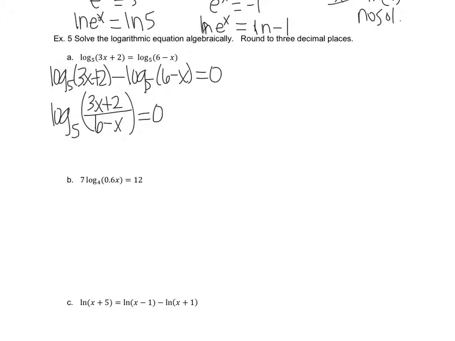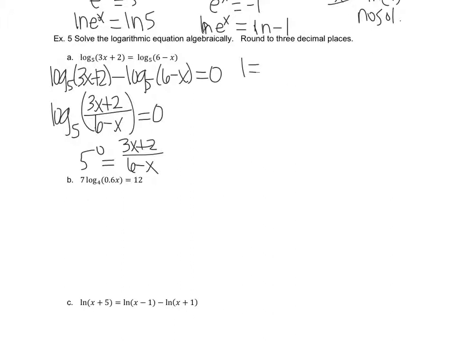Now what I'm going to do to solve this for x is change this from log form to exponential form. So I'm going to say 5 to the 0 equals 3x plus 2 over 6 minus x, and then solve that out. Now, remember, anything to the 0 power is 1.